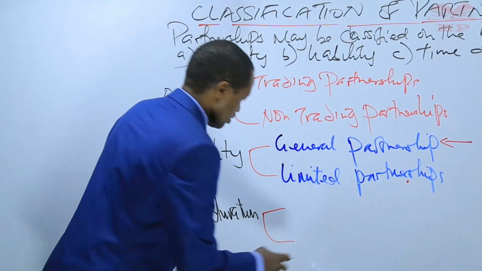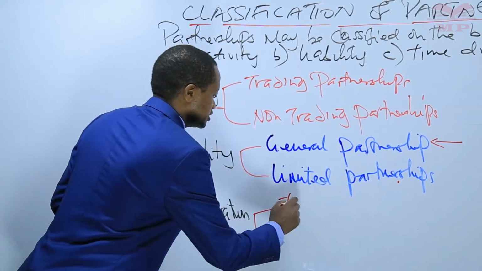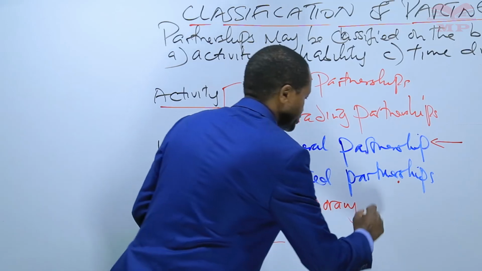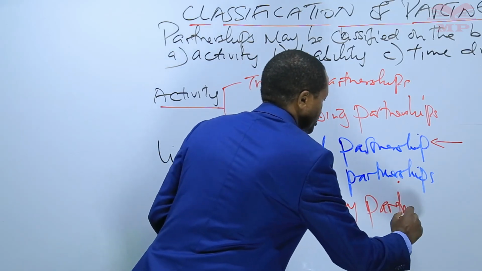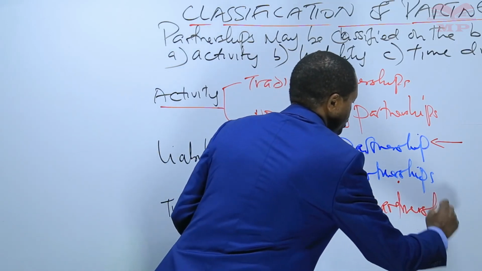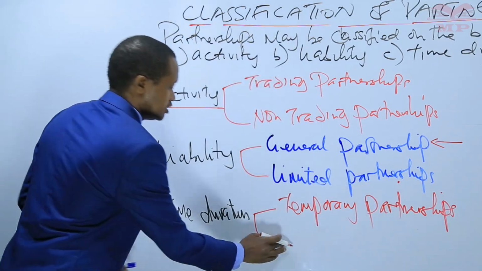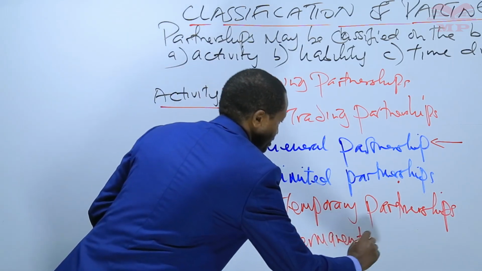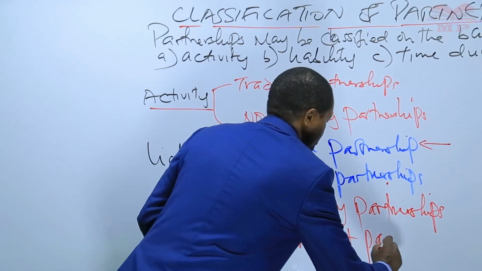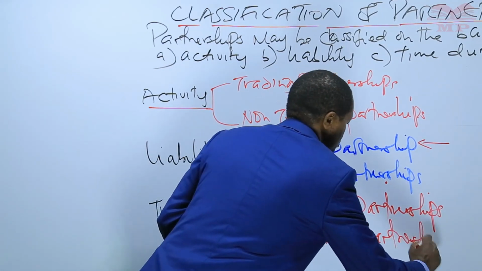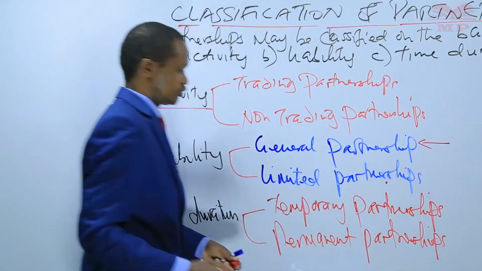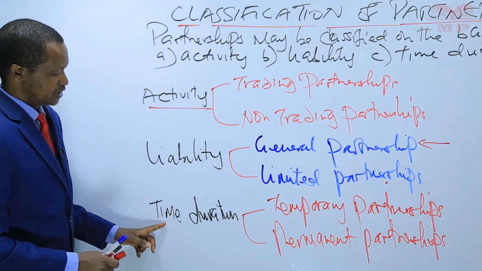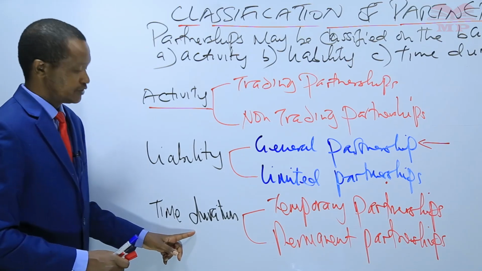Category number one is called temporary partnerships. Then two, we have permanent partnerships. These are two categories of partnerships under the time duration classification.